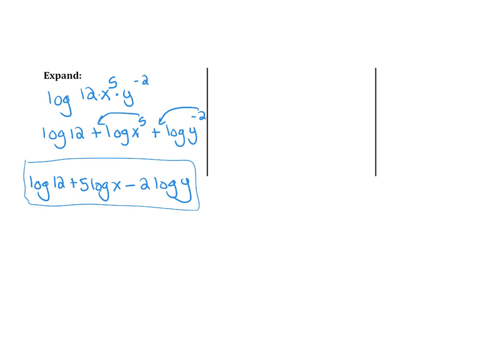These properties work for the natural logs just the same. So if I have a natural log of x squared over the square root of 4x plus 1, I'll have the natural log of x squared minus the natural log of the square root of 4x plus 1.